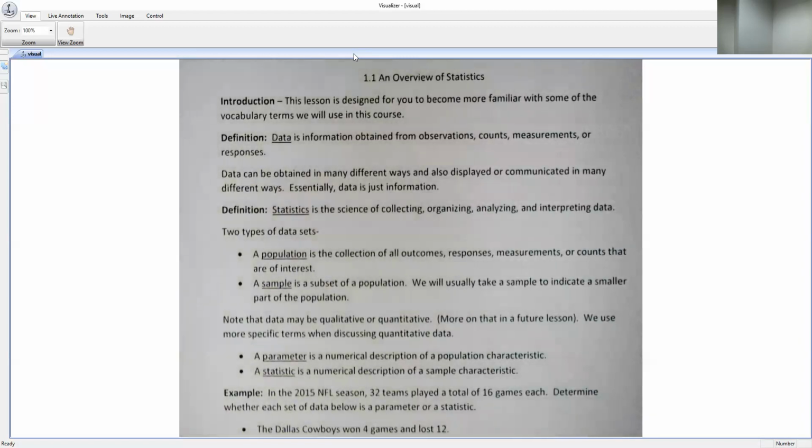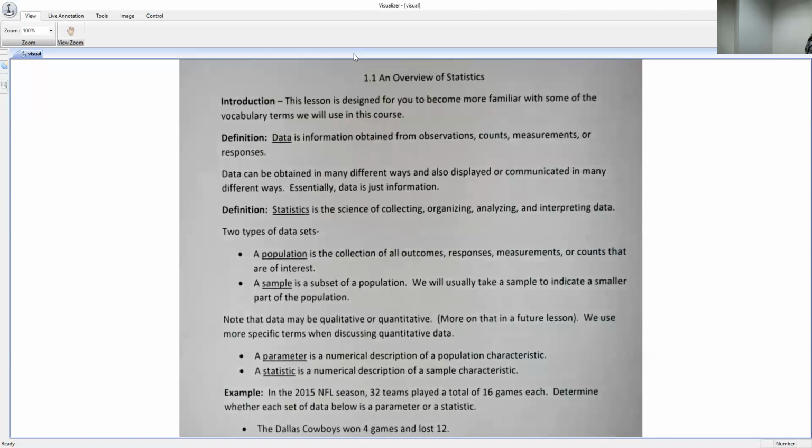One of the main vocabulary terms that we will use is data, or data, you pronounce that either way, which is simply information, just a word that we use to talk about information that we get somehow by either observing something, counting something, measuring something, or written responses to a question. We could ask someone a question, and we'll get into those processes a little later.